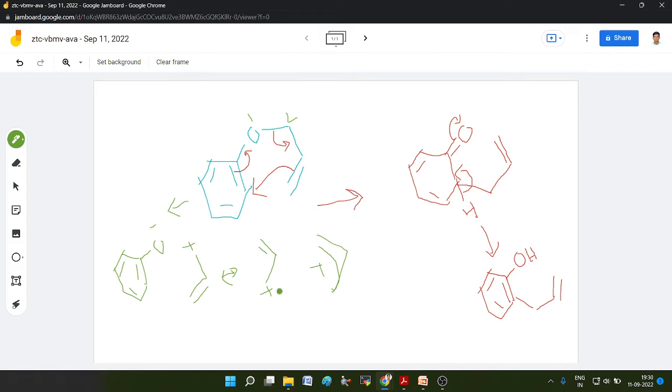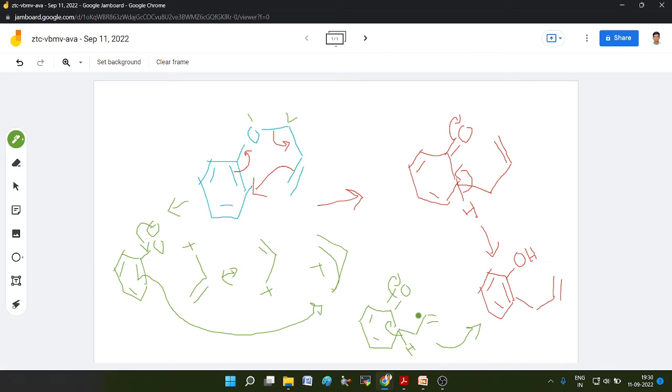Now this O negative charge can attack the allyl carbocation, and we come up with the same intermediate shown earlier in red. There is a hydrogen, and it will go like this and like that. Anyway, we get the product.